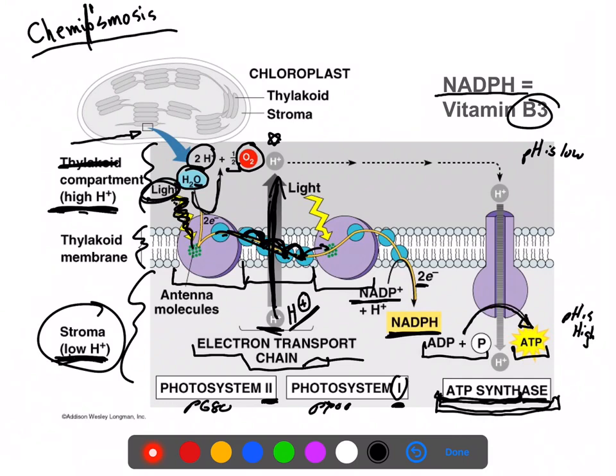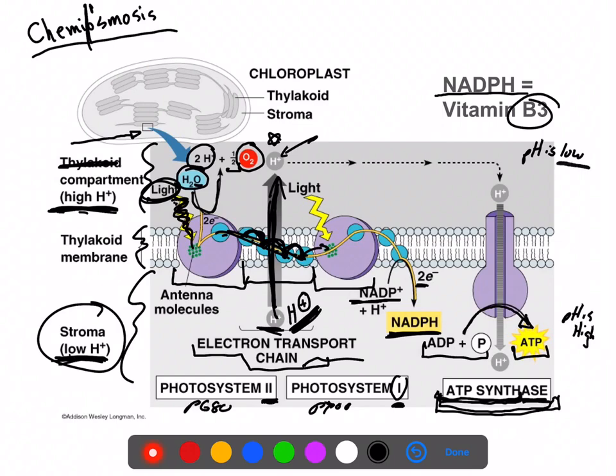So where's the energy coming from? It's coming from light. That's another reason why light is important. So not only does light excite electrons, but it also allows the movement of acid, H+ ions, from the stroma into the thylakoid compartment right there.